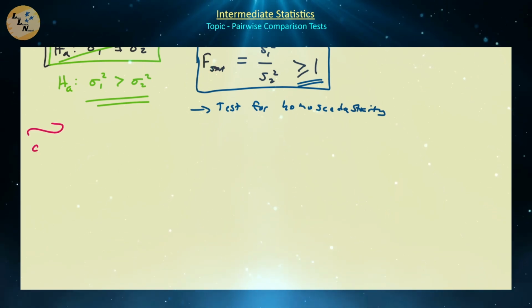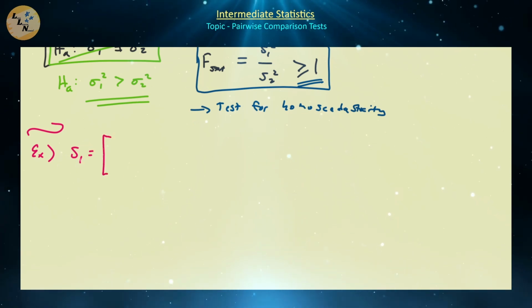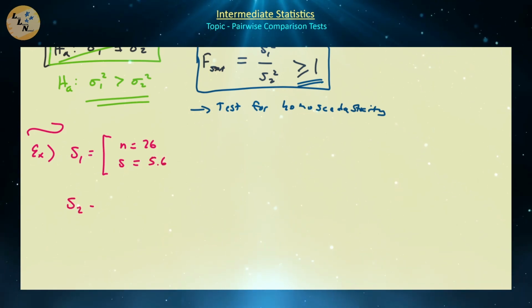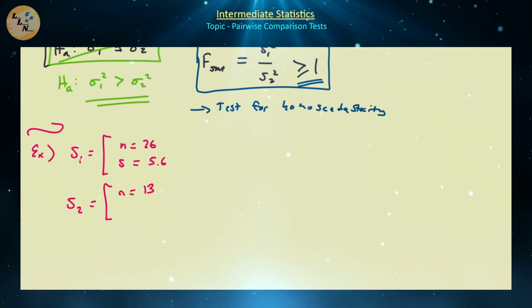Okay, so let's introduce a couple of numbers to see how we would go about testing that. For example, suppose we have one sample collected from a population of size 26, and let's assume that its sample standard deviation was equal to 5.6. And let's assume that we gather a sample from a second population that's also normally distributed of size 13, and that its sample standard deviation was equal to 7.1.